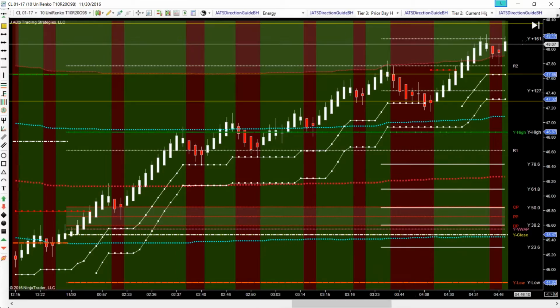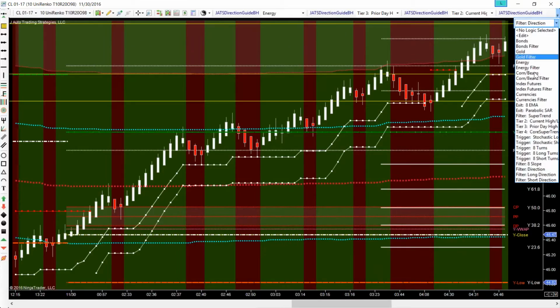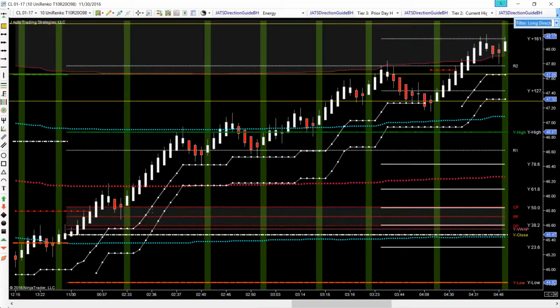Here's my direction guide system. If you want to look for just the long directions, here they are, just beautiful. It's like throwing a dart on a dartboard. You're going to make a successful trade using this template in a trend condition, if the trend condition is there.